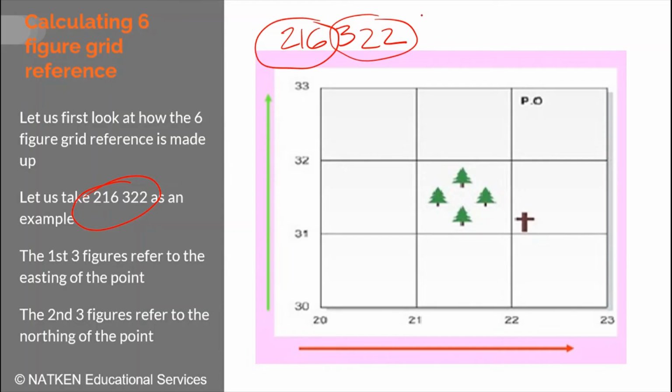with our northings. Also, the 21 here and the 32 here, that is what we would have used initially to find our 4-figure grid reference. So, in order to find out wherever this number is pointing to, we would look at the grid on the map that we're given, and then we find 21, which is this line here.